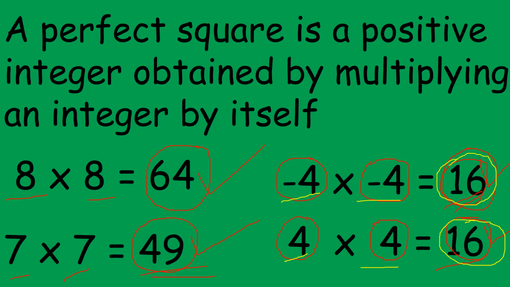So we can clearly see that the square root of a number is either the positive or negative value. So the square root of 16 is either positive 4 or minus 4.